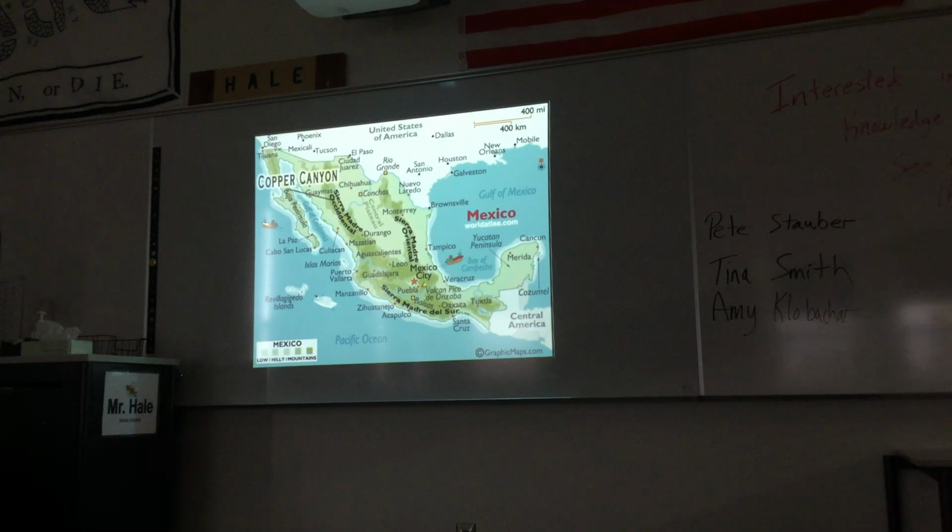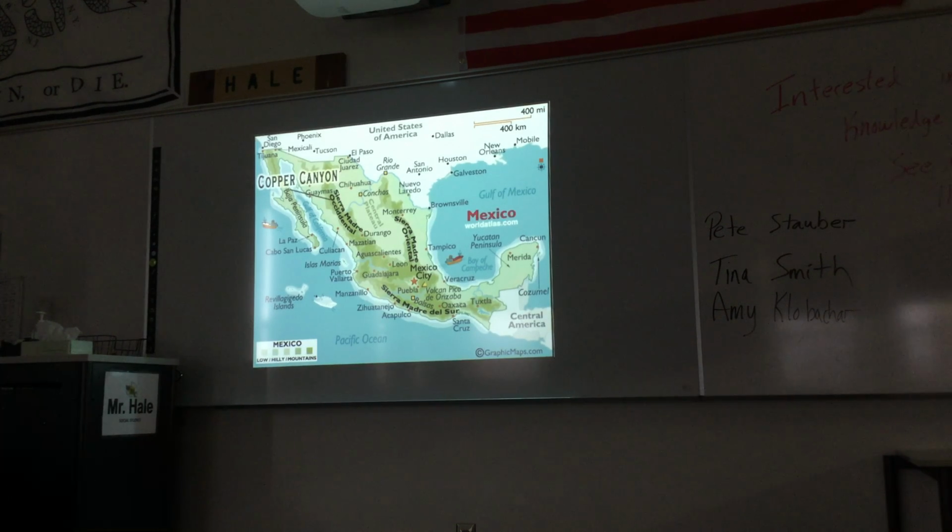And Copper Canyon actually has quite a few similarities to the Grand Canyon. What formed the Grand Canyon? Water has slowly been carving it over time. Which water in particular? The Colorado River. So Copper Canyon is the same idea.